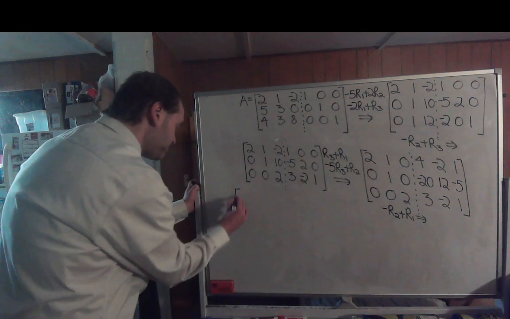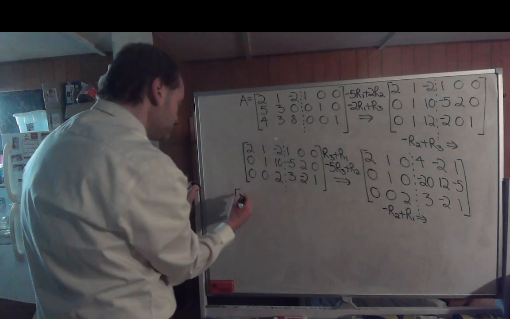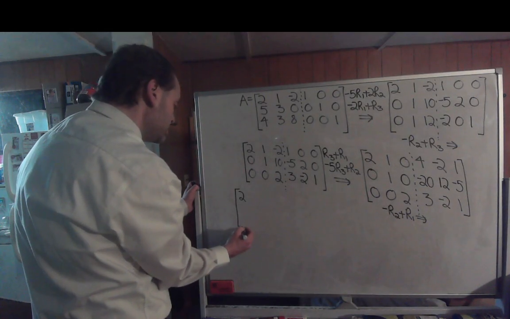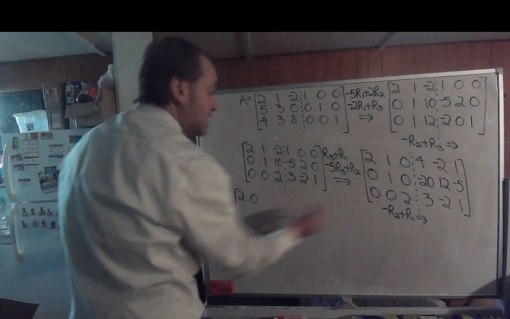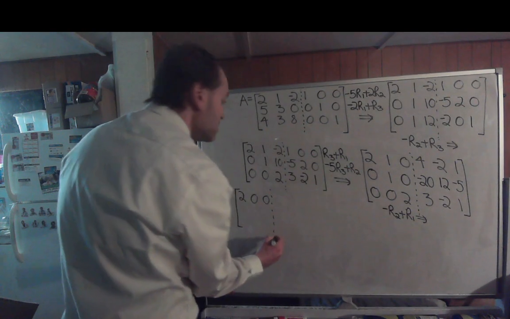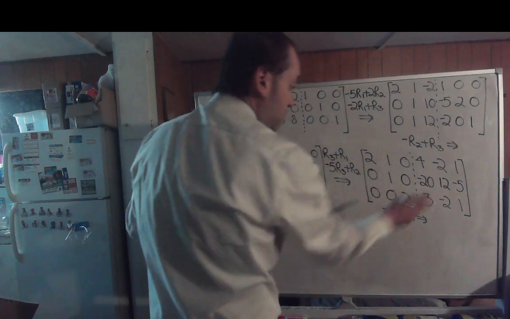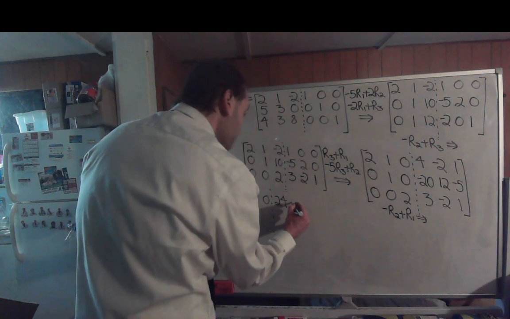So let's see, negative of 0 is still 0, plus 2 is 2. Negative 1 plus 1 is 0. Negative 0 plus 0 is still 0. Alright, negative 20 actually ends up being positive 20, plus 4 is 24. And then negative 12 minus 2 is negative 14.